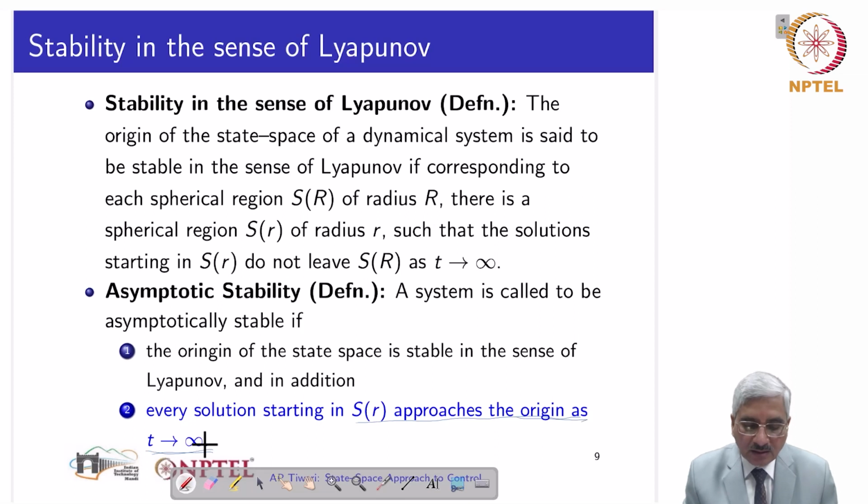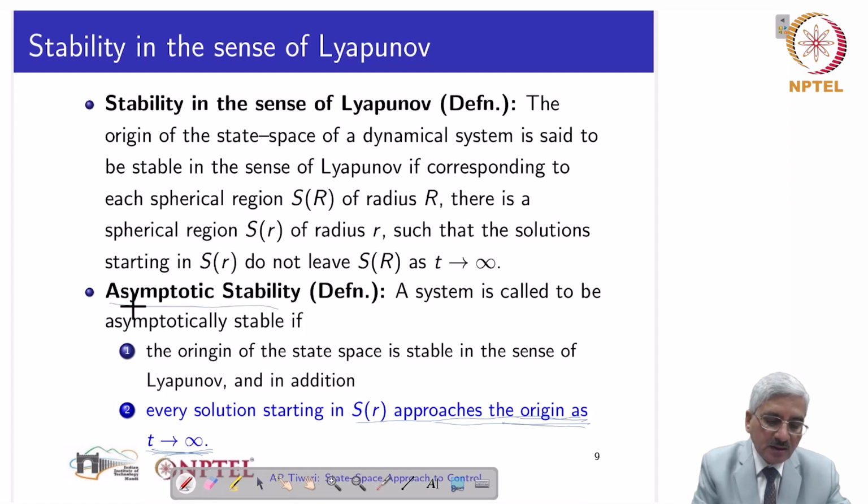So not only is it stable in the sense of Lyapunov, meaning a solution starting somewhere in S(r) does not go outside and remains confined in the spherical region S(R), in addition to that, if it approaches the origin of the state space as t tends to infinity, then it will be called asymptotically stable.